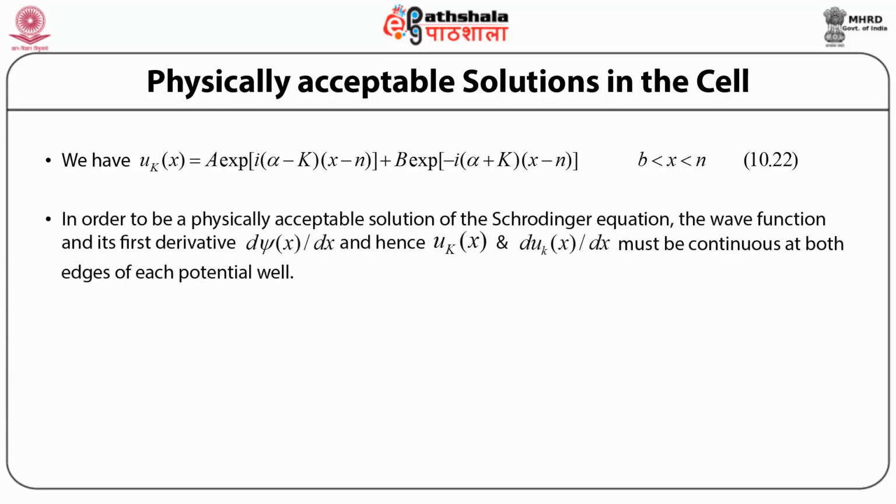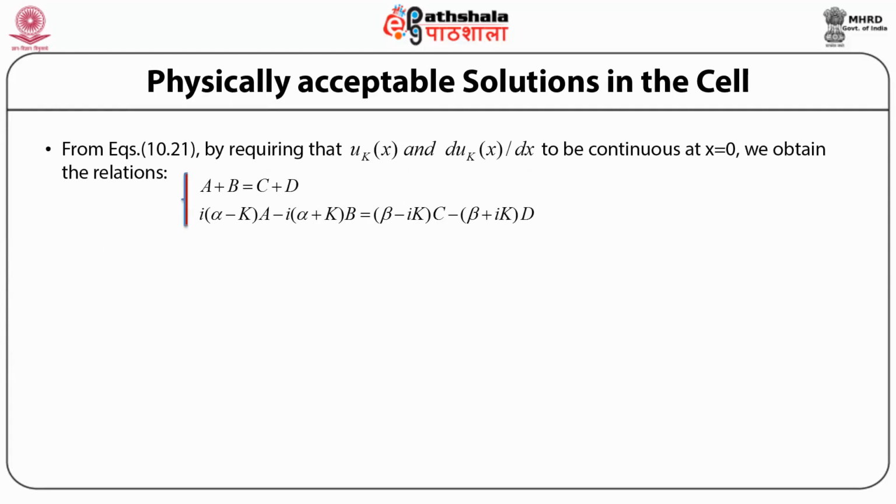In order to be a physically acceptable solution of the Schrodinger equation, the wave function and its first derivative d psi of x by dx, and hence uk of x and the derivative of uk of x with respect to x, must be continuous at both edges of each potential well.